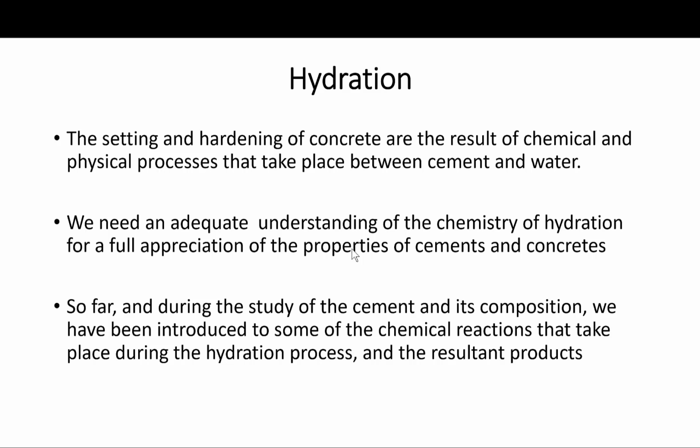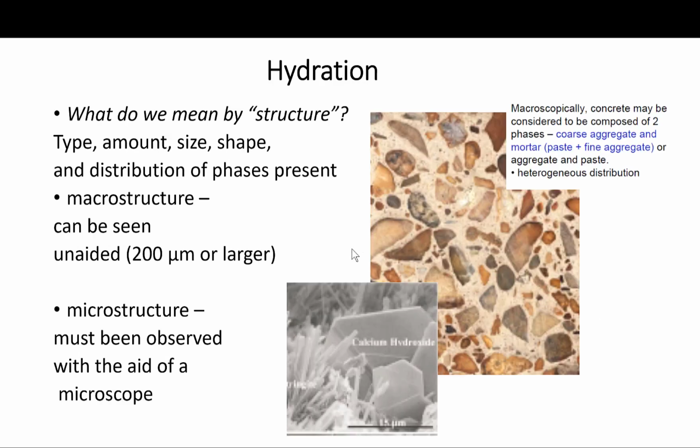So let us define what a structure is and the different levels we are dealing with within the science of concrete. Okay, so the definition, what we mean by structure. Structure is defined as the type, amount, size, shape, and distribution of phases present in a solid.